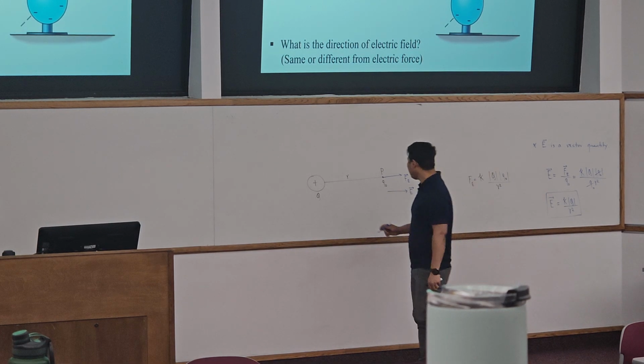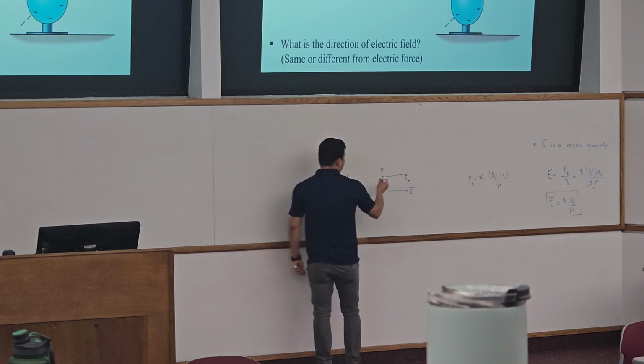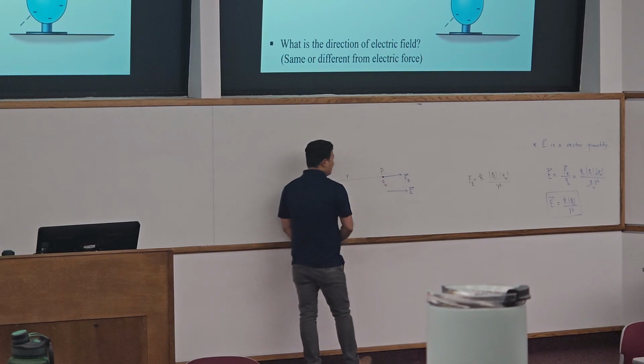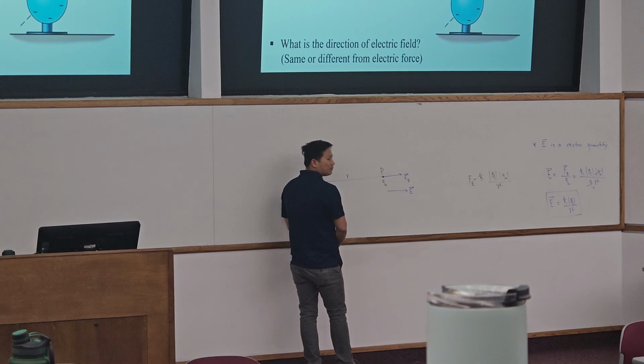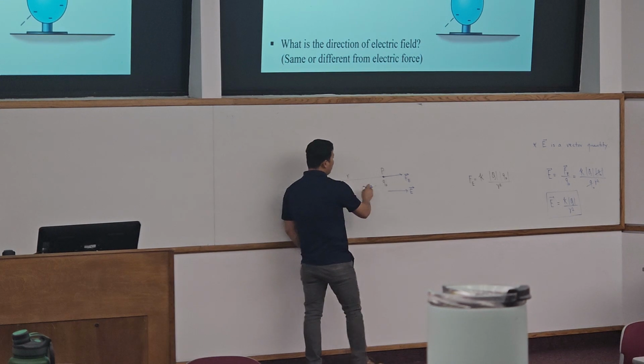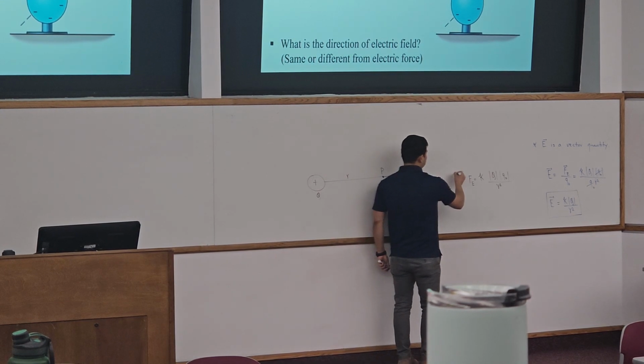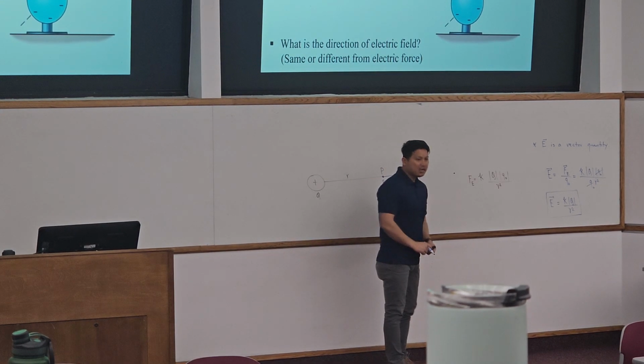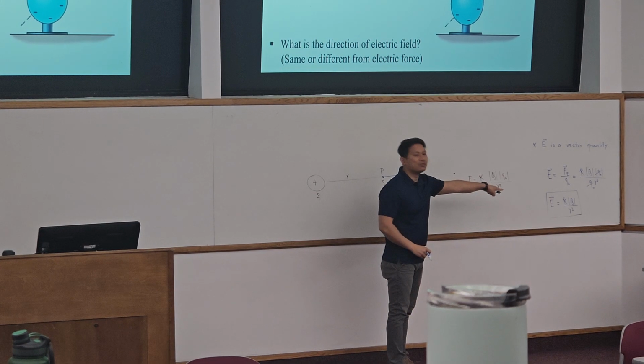What I'm trying to say is that you have some electric field at this point. If you go very far away, the electric field will decrease because you are dividing by this square. Okay?